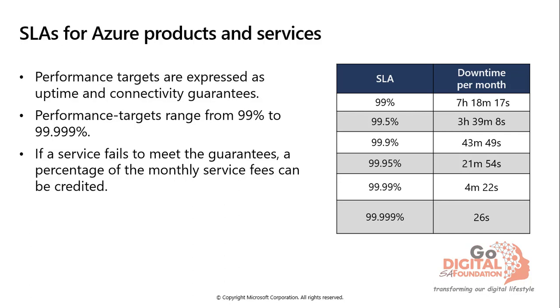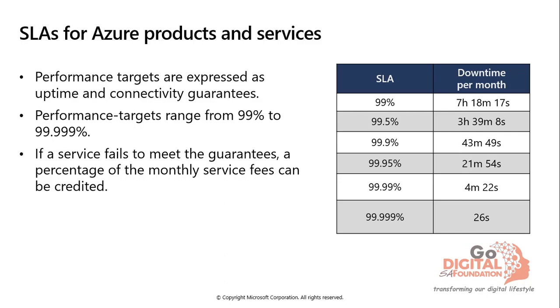And if a service fails to meet the guarantees, a percentage of the monthly services can be credited, just like I said. It can be credited to you using Azure credits. Not that they will pay you back, no, but they can give you Azure credits for you to use.